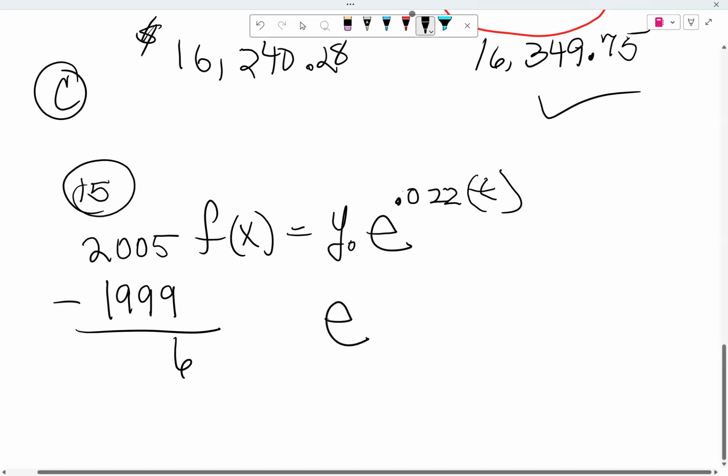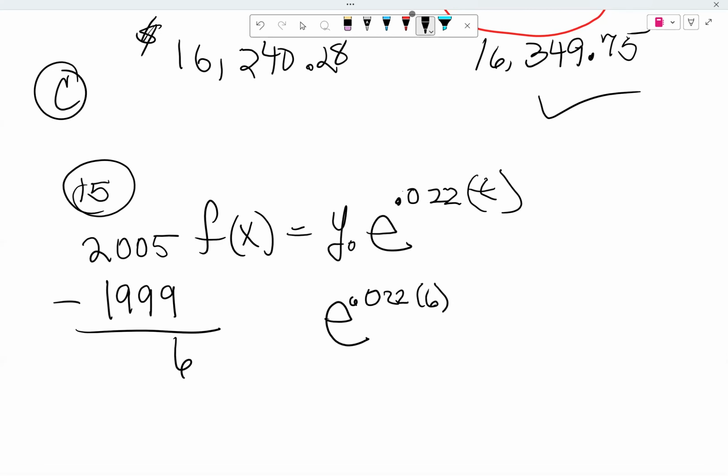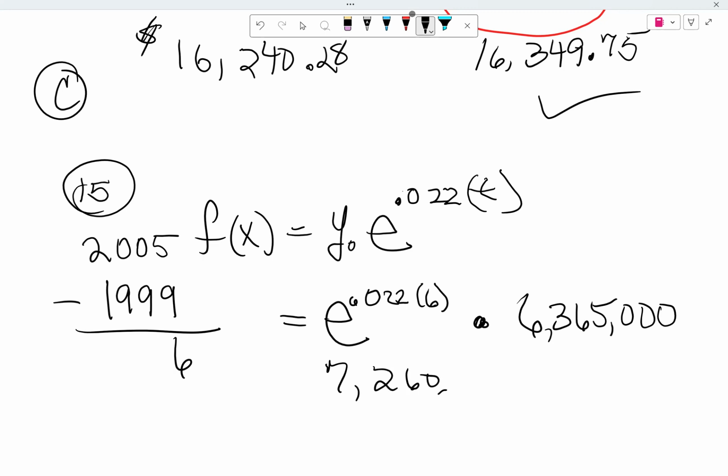So that means that you have e raised to the 0.022 times 6, but then you have to multiply it times the 6,365,000 people. And once you do this, you should end up with 7,260,000. And that should be your answer.